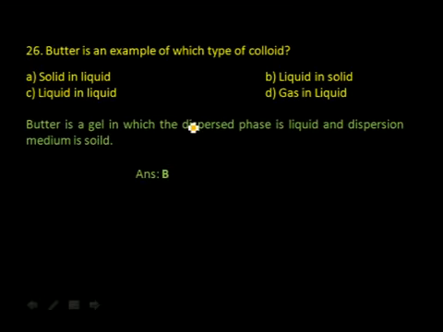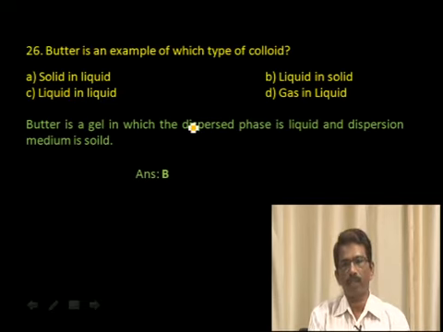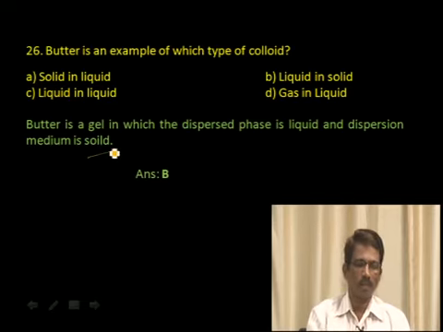In question number 26, butter is an example of which type of colloid? So, butter is a gel. In a colloidal gel, the dispersed phase is a liquid and the dispersion medium is a solid.